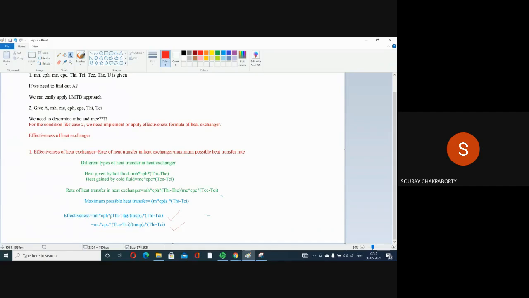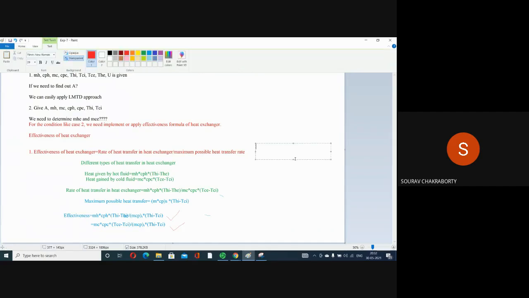Suppose MHCPH is the smallest, so condition 1, let me write down here. What is the condition? The condition is if MH into CPH is less than MC into CPC.